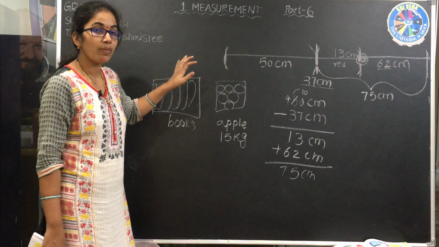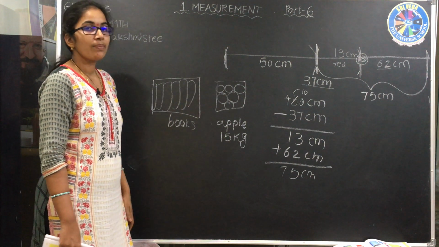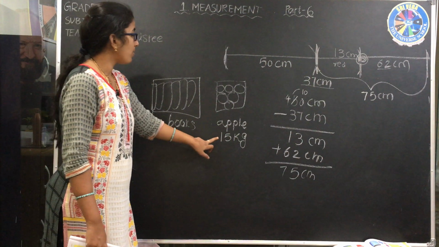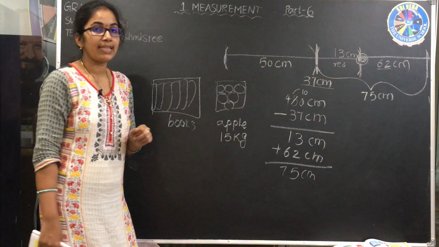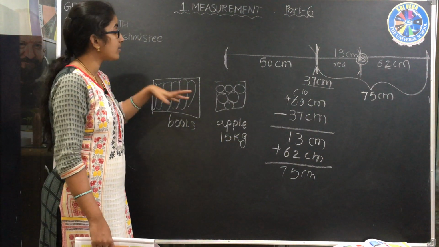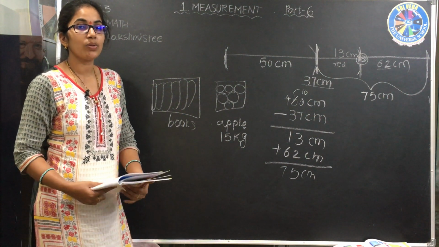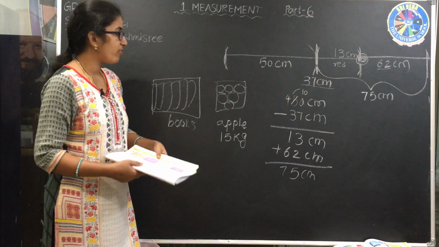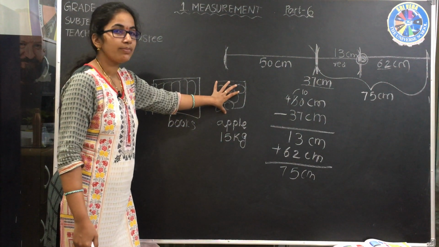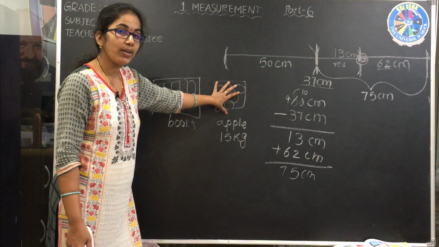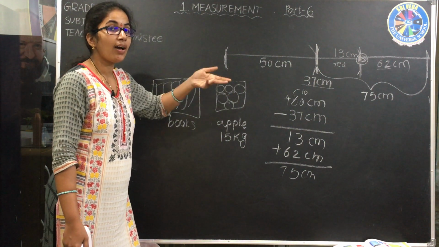6 times heavier means more weight than this one. But we know the weight of this. How much is it? 15 kgs. This is 6 times more. Yes, how can we find out? 6 times more. For example, this is 2 kg. If it is 2 kg, 6 times more, what are we doing? 2 sixes are 12.